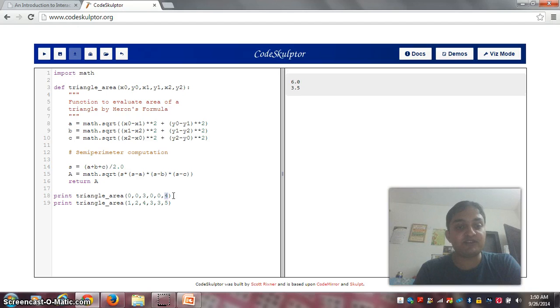So by that formula, the area is half into 3 into 4, so that is equal to 6. So that way if we check, this result is correct. So our function is correct.